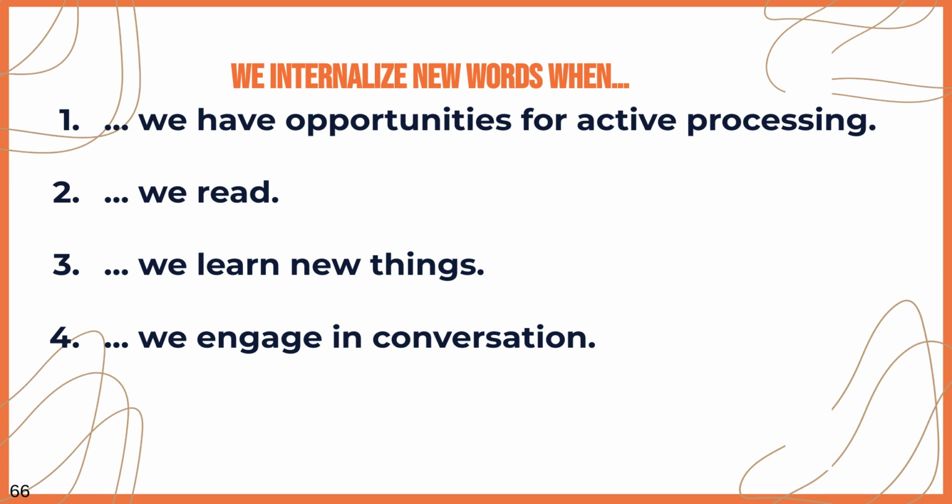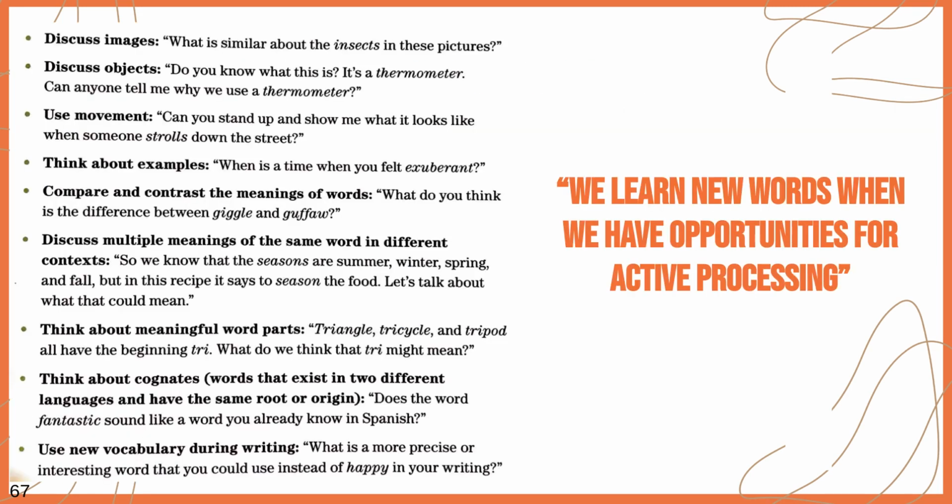So outside of our explicit instruction, we absorb new words in these ways by having opportunities for active processing, when we read, when we learn new things, and when we engage in conversation. Remember, students are more likely to learn when they can actively engage with a word and its meaning rather than just passively receiving information from us.